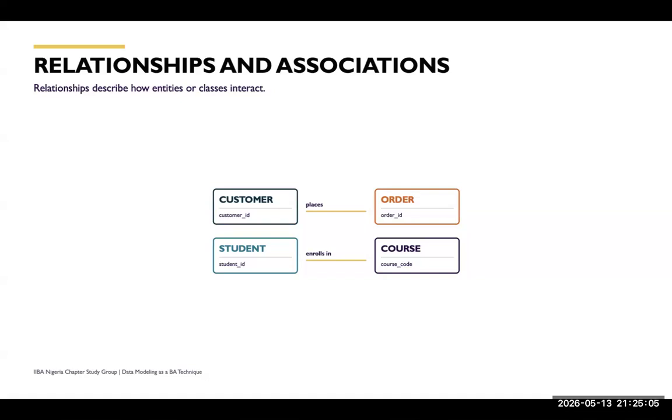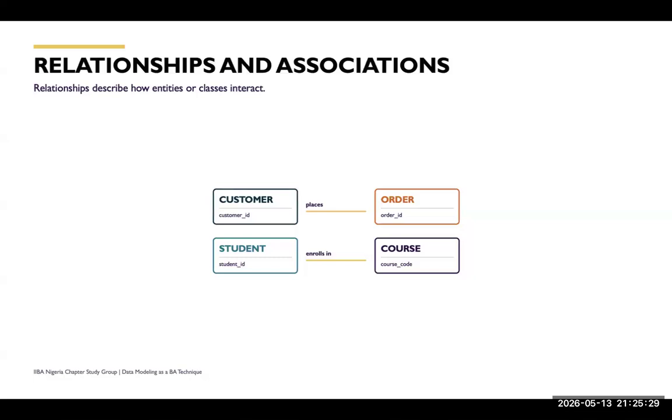It's these associations that allow us to model the business and its rules via that underlying information that the business requires, right?